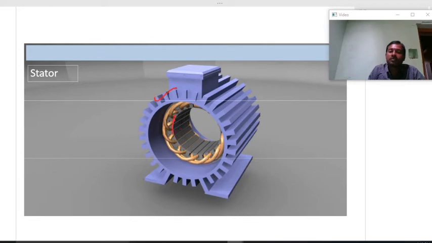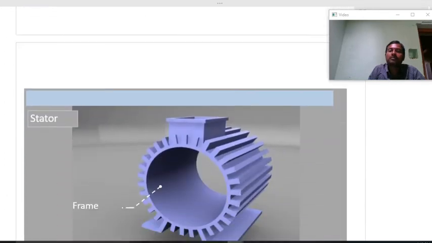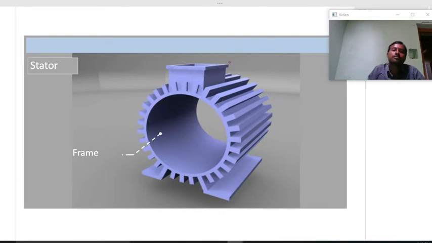This is the stator, which is laminated, and slots will be there. Slots are provided to place the winding. This is the outside frame. This is the terminal box. Inside we can place the stator.